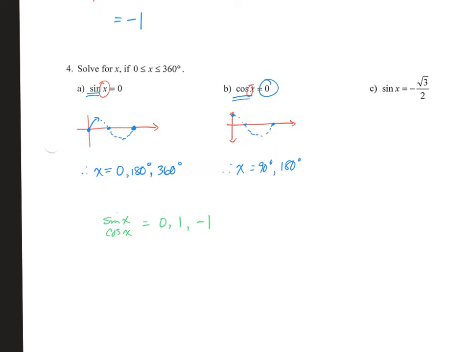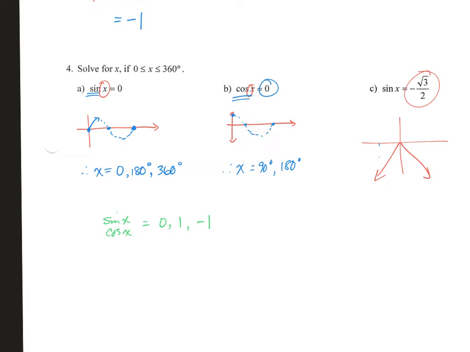If we take a look again at problem C, now root 3 over 2 is not a maximum, a minimum, or a 0. I'm going to still go back and deal with my rotation angles. My sine is negative, sine is opposite, so opposite is negative if I go down.